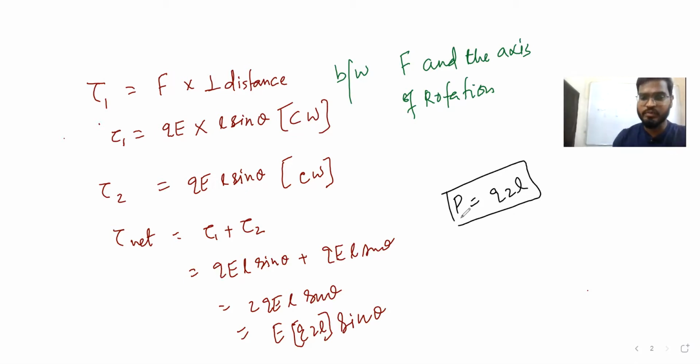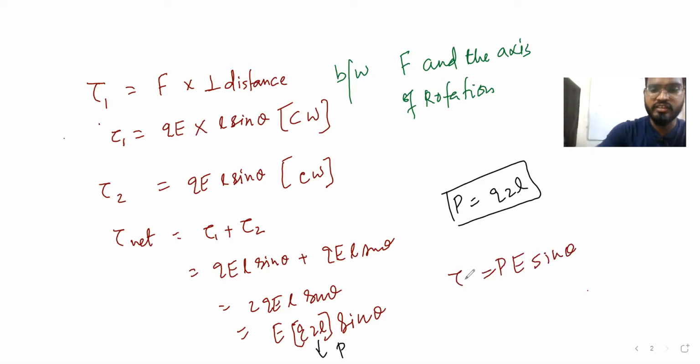Product of either charges and the distance between them. So that is the dipole moment. So instead of this we can write P. So net torque, guys, we can write as PE sin theta is equal to net torque, right? Okay, so this formula we should know properly.